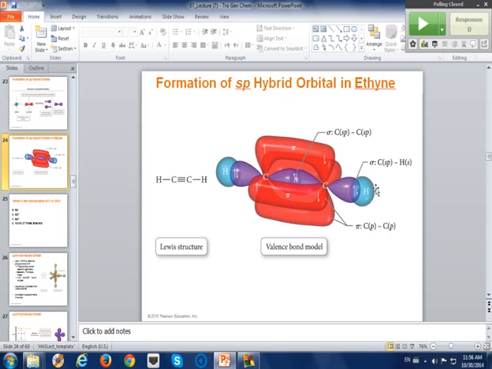Okay, so in this molecule, acetylene, it contains 2 carbons and 2 hydrogens. And such molecule, based on its Lewis structure, has a triple bond.